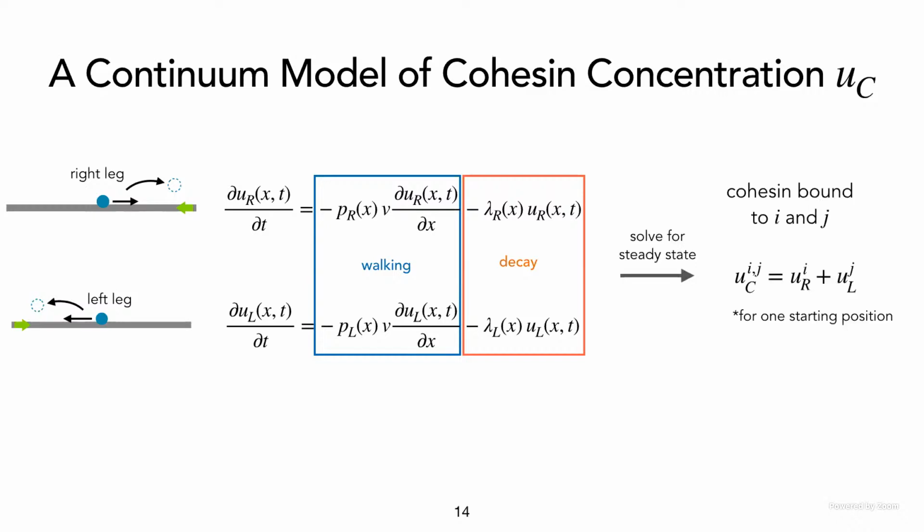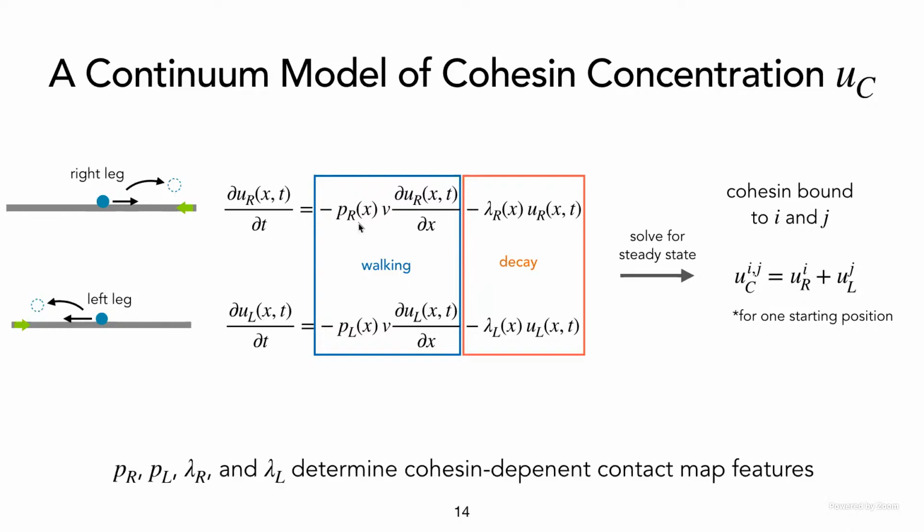Now, if we solve that for the steady state, we arrive at the concentration of the cohesin that is bound to the locus I and the locus J by simply summing the concentration of the right leg and of the left leg. We can do that because we are assuming that those two legs started at the same position. And now if we do that for all starting positions on the chromatin, we can arrive at the contact maps.